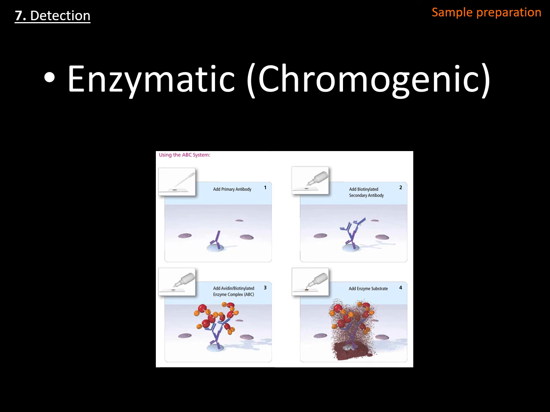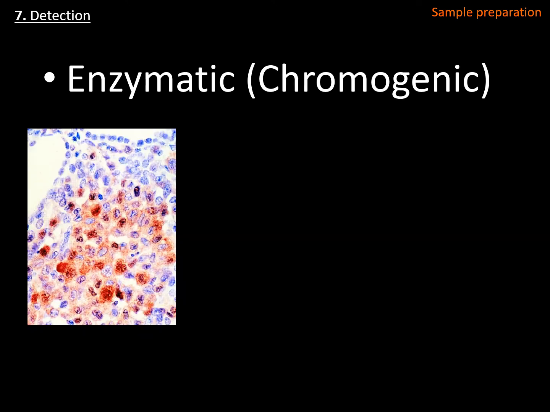Afterwards, you add the avidin biotinylated enzyme complex, and you add the enzyme substrate, thus allowing the enzymatic reaction to turn the enzymatic substrate from soluble to insoluble, and that creates a deposit of that insoluble chromogen in the region where your antibodies are bound. And this is the type of results that you can achieve.